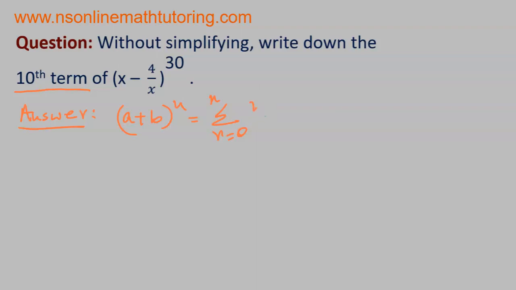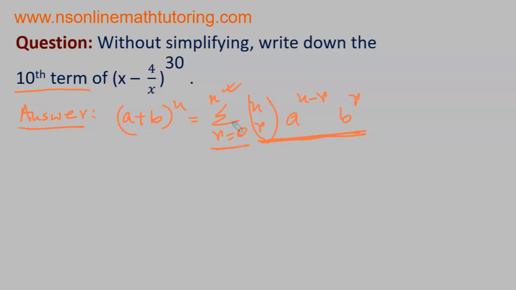And then we have the general term expression nCr, a raised to the power of n minus r and b raised to the power of r. This is the general term expression for the binomial expansion, and when we add this sigma notation, we have all the terms included. It becomes the total binomial expansion.